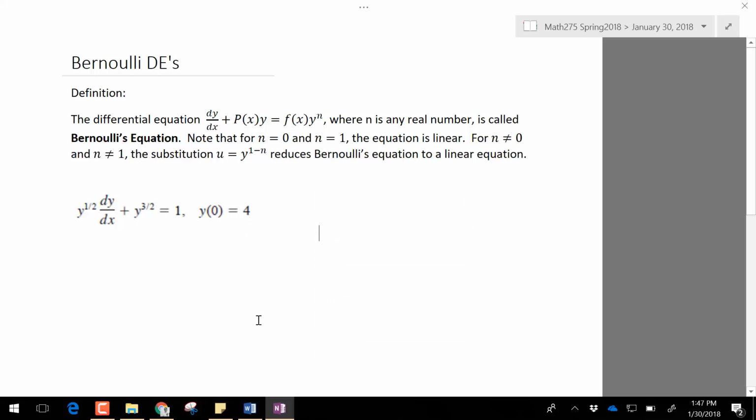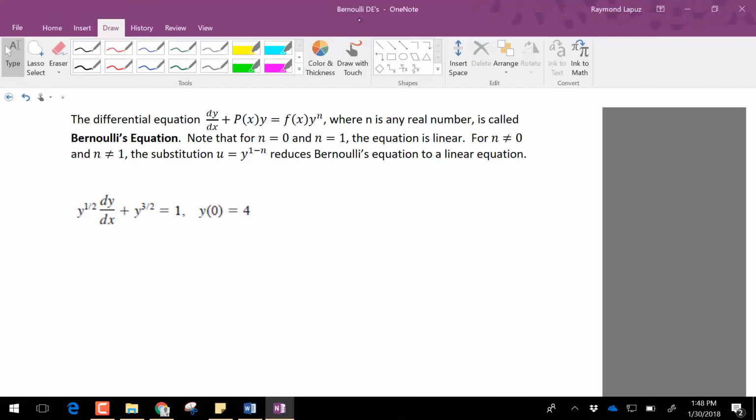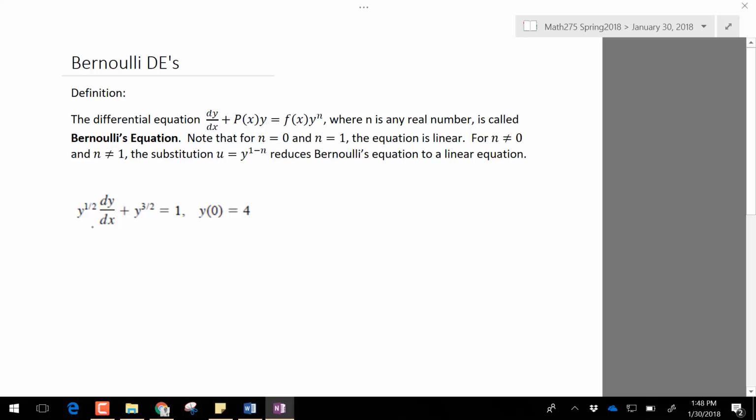All right, so this isn't exactly in the form that we want to be able to read this as a Bernoulli equation, but if we take one step where we clear out the coefficient of dy/dx, so let's divide by y to the 1/2 power. So we got y to the 3/2 divided by y to the 1/2.